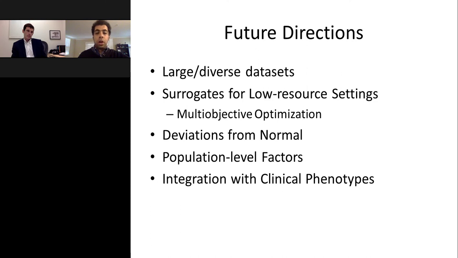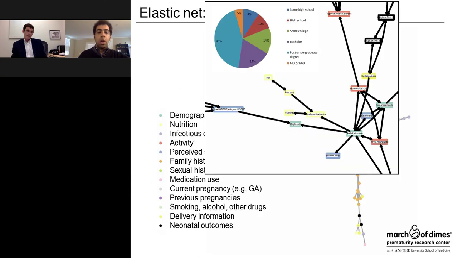And finally, our last interesting project is to integrate our findings with clinical phenotypes. Normally, here we are only looking at preterm birth versus no preterm birth, but there are more complicated phenotypes that we have access to. This is a correlation network of all the demographic information that we could get from our Stanford cohort.